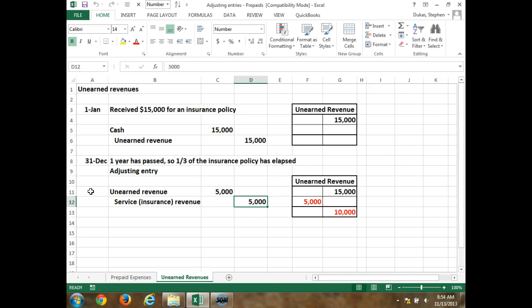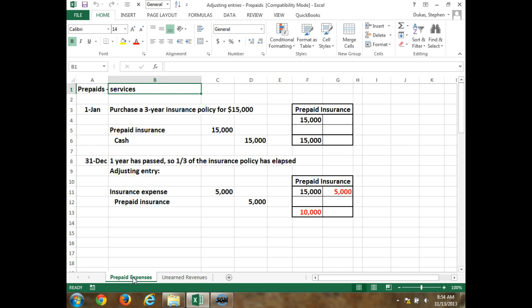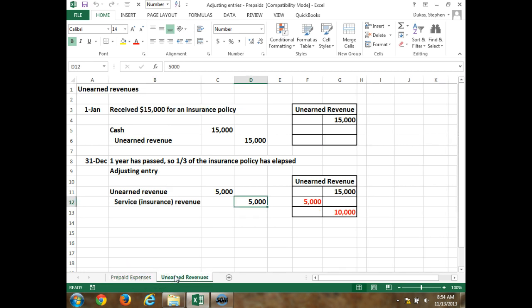That's 1/3 of the $15,000. And we recognize service revenue, in this case insurance revenue, of $5,000. So from the standpoint of services, a prepaid expense has a mirror image in an unearned revenue. Notice the unearned revenue account starts with a credit balance of $15,000. It goes down $5,000 during the year, and we end up with a credit balance of $10,000.